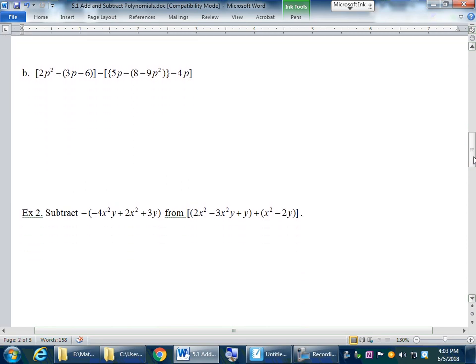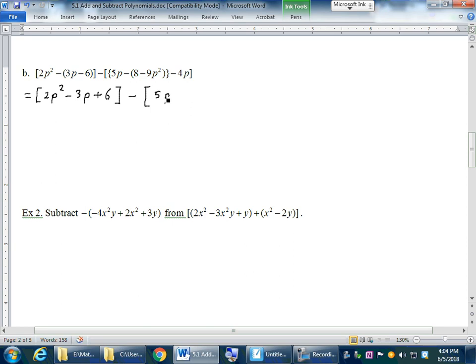So this is more like reviewing order of operations. When I simplify adding and subtracting this polynomial, we go by order of operations, which is inside the bracket, distributing the negative sign first. That will be minus 3p plus 6, minus, on the next bracket, it will be 5p.